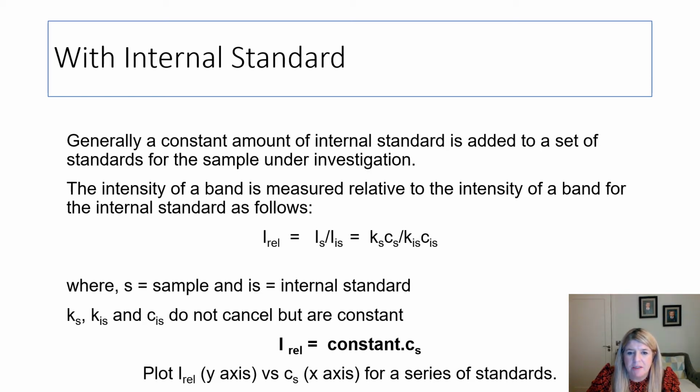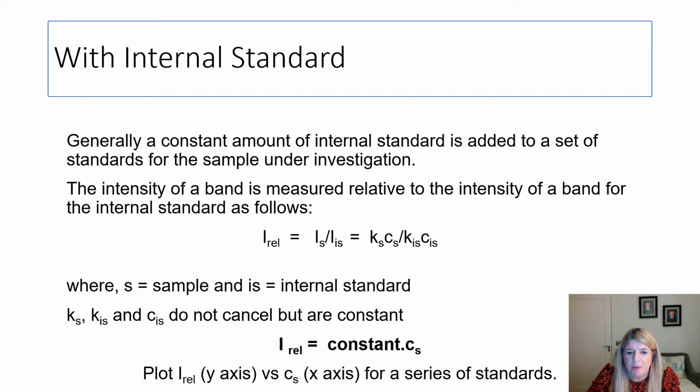Generally a constant amount of internal standard is added to a set of standards and to the sample under investigation. The intensity of the band is measured relative to the intensity of an internal standard. So it's called I relative, and how you calculate that is your sample intensity divided by the internal standard intensity.